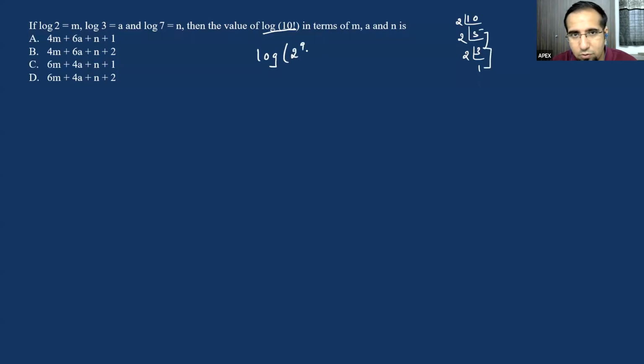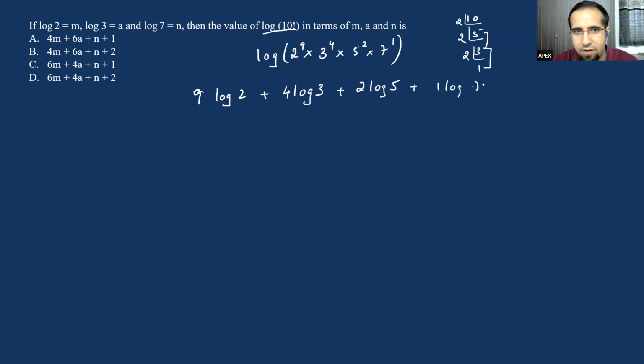I can write this as log of 2 to the power 9. Similarly, if I quickly calculate for 3, I get 3 to the power 4. For 5 I get 2, and for 7 I get 1. So if I simplify, this becomes 9 log 2 plus 4 log 3 plus 2 log 5 plus 1 log 7.